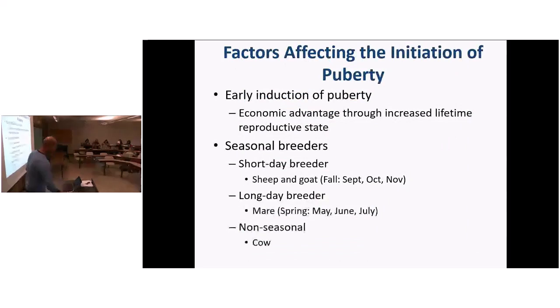Mentioned before, yes, you can induce puberty either through genetics or through manipulation of certain things for economic advantage. Especially these seasonal breeders, sometimes you do that in mares as an example. You can expose mares to longer daylight or light cycles.